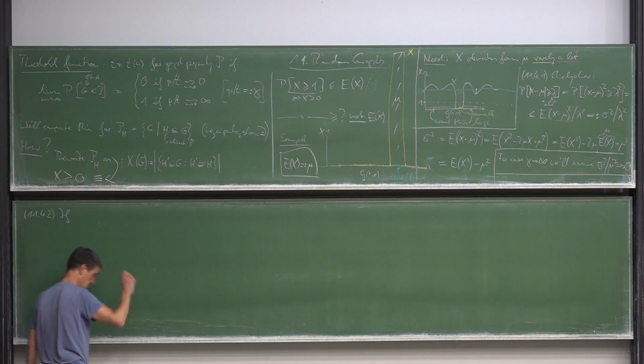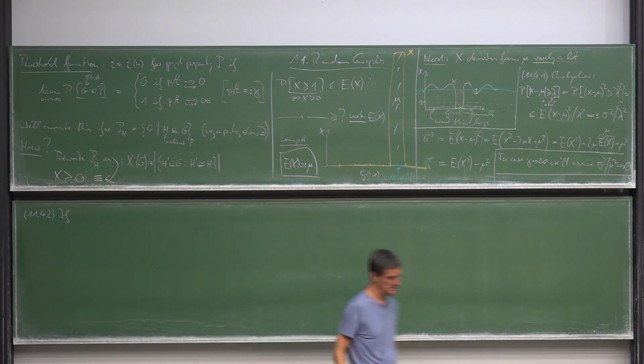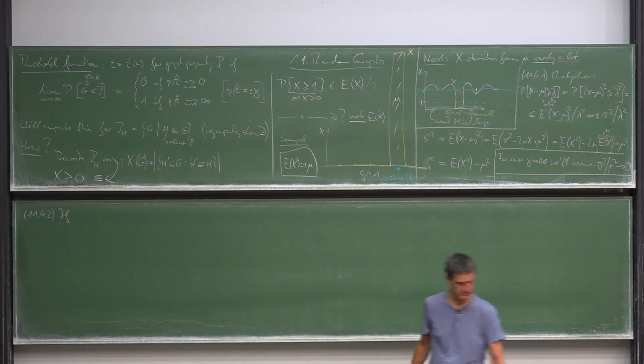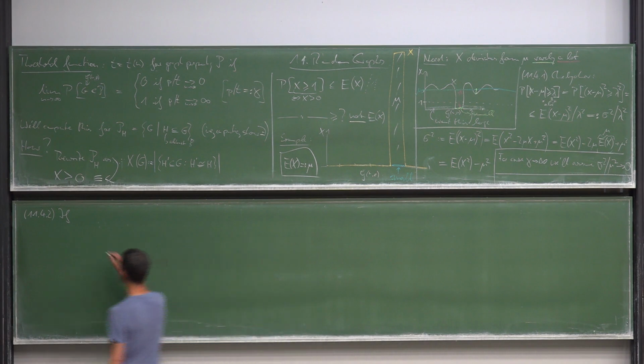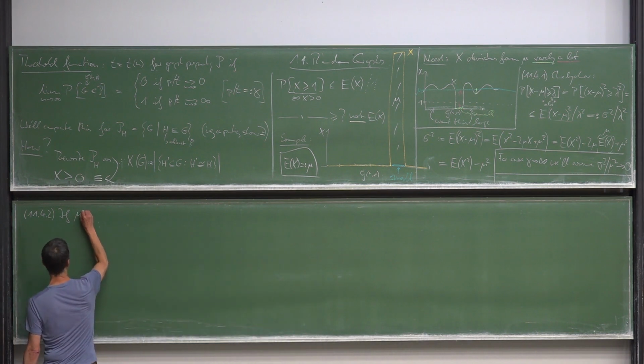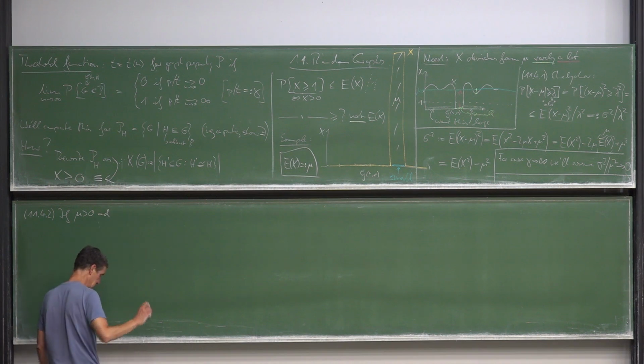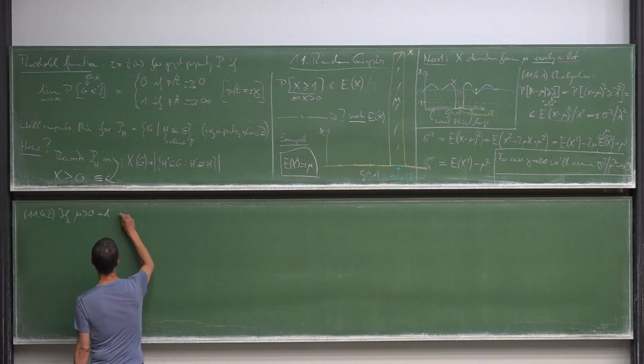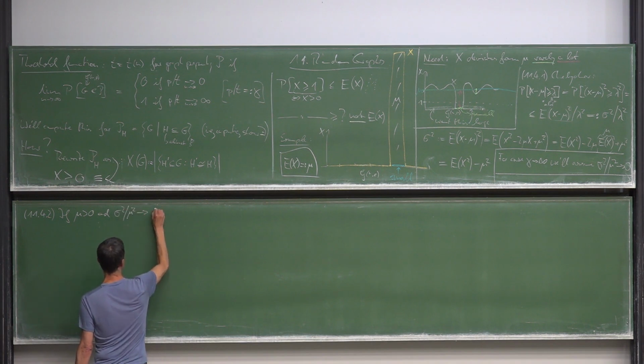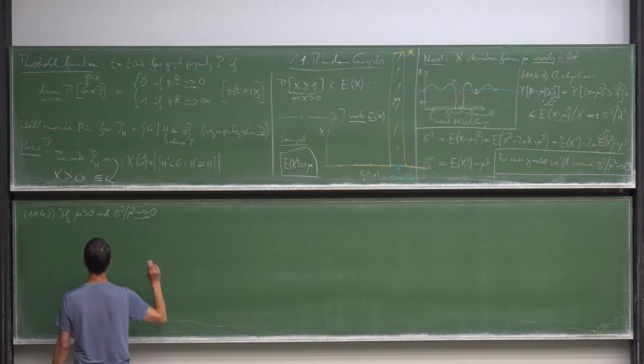If mu has to be bigger than 0, obviously, and sigma squared divided by mu squared goes to 0 for n to infinity.